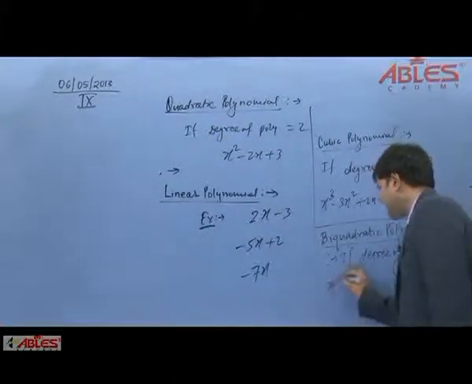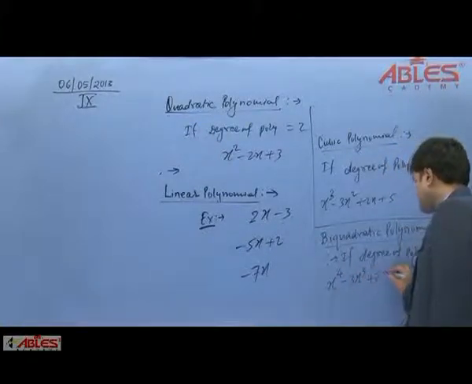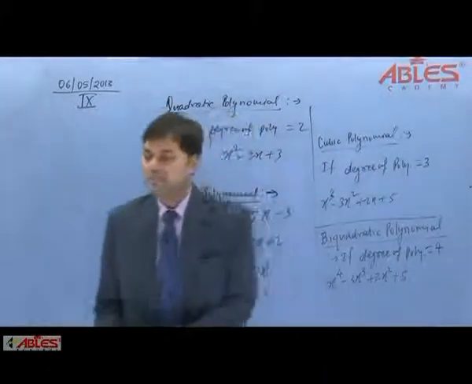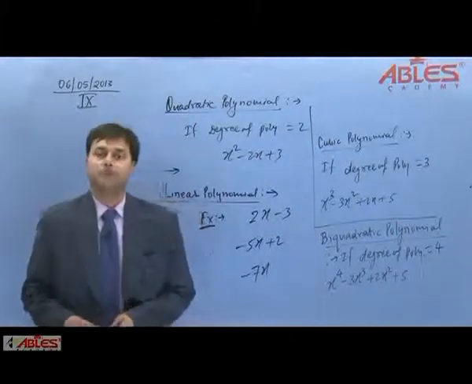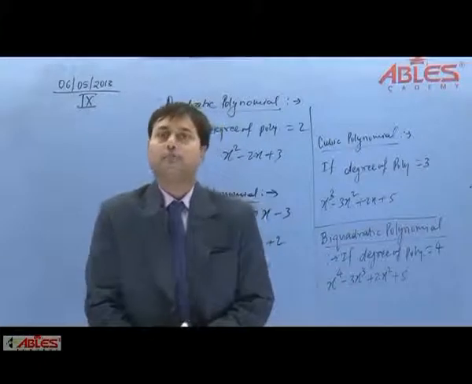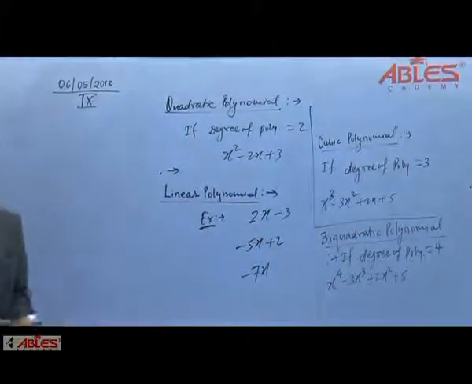For example, x power 4 minus 3x cube plus 2x square plus 5. In this case the degree is 4. So we have discussed these 4 standard cases: linear, quadratic, cubic, and biquadratic polynomial. Okay students, these are very simple cases.